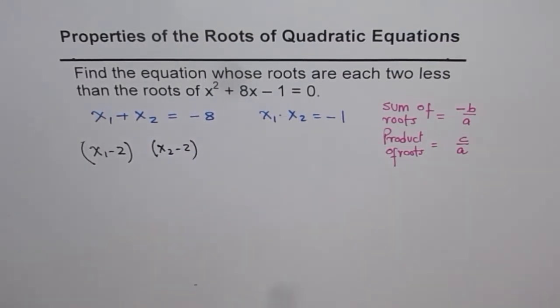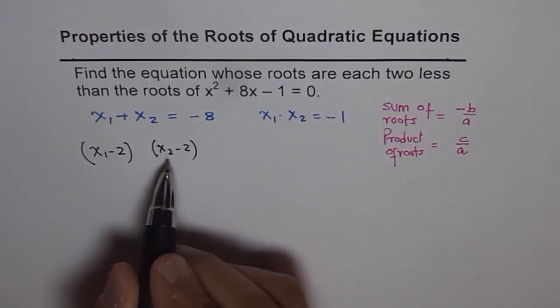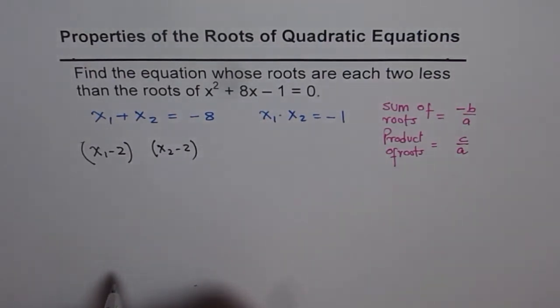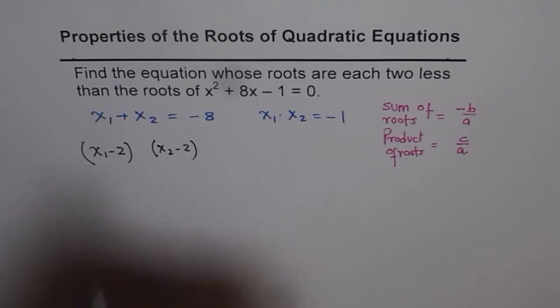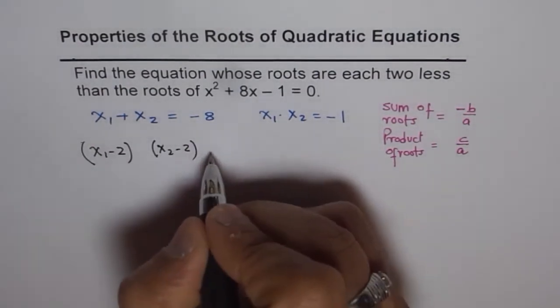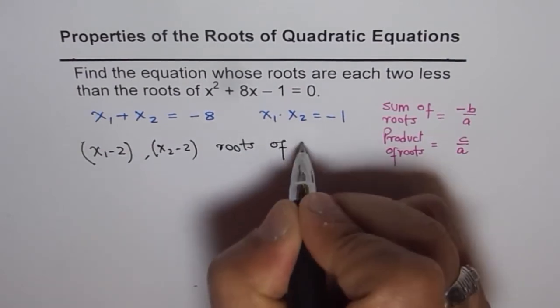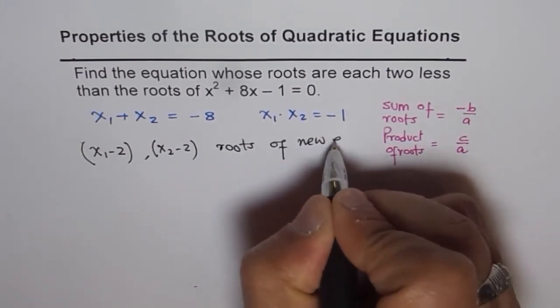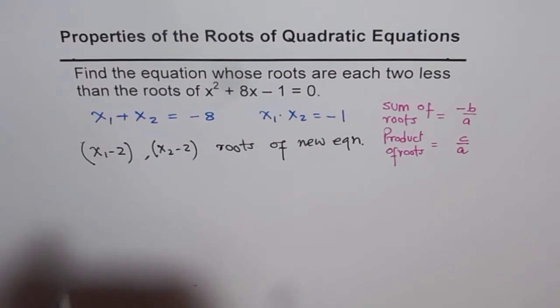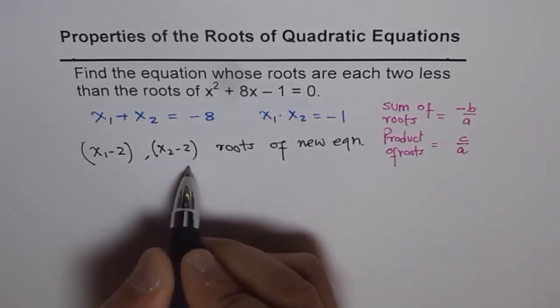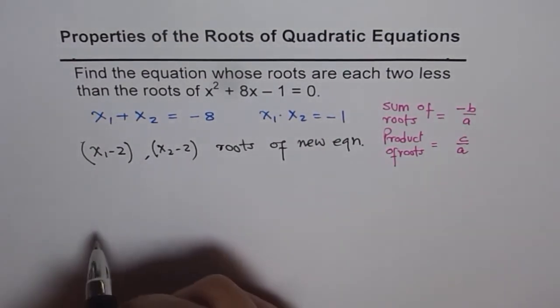So what we need to find is the sum of these roots and the product of these roots. Then we can write down the equation. So that should be the roots of the new equation, correct? Now if you find the sum and product of these, then we can find the equation also.